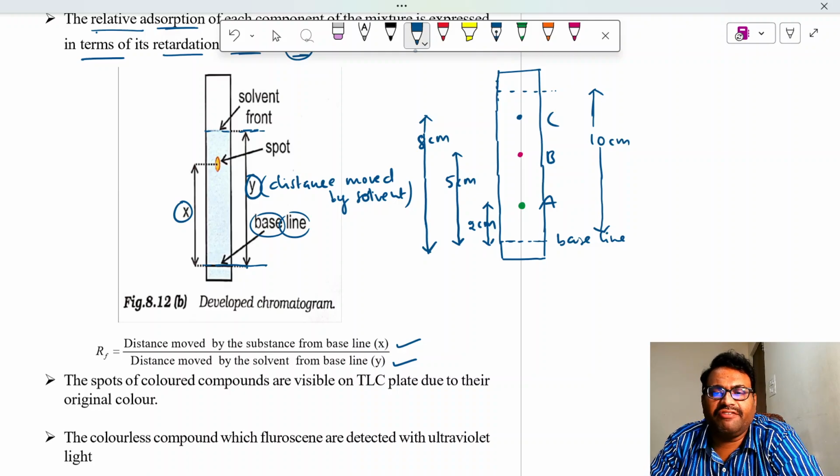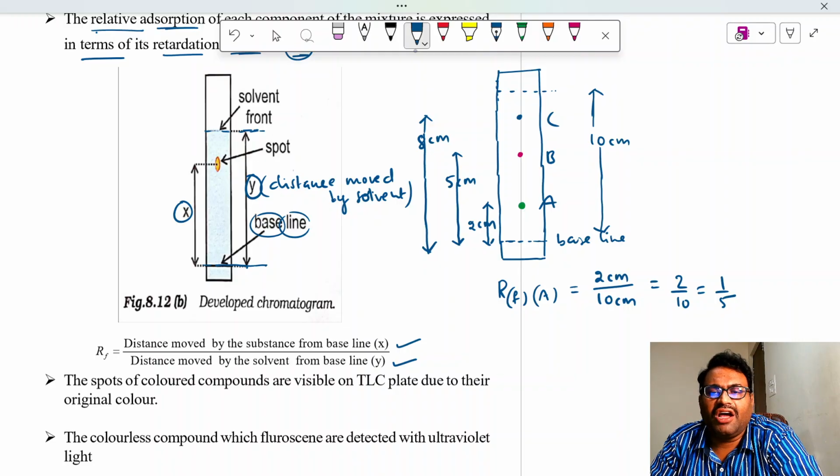Then if you are asking for RF of A, what is the distance moved by A from the baseline? 2 centimeters, divided by the distance moved by the solvent, 10 centimeters from the baseline. So that is 2 by 10, equal to 1 by 5. This is RF of A.